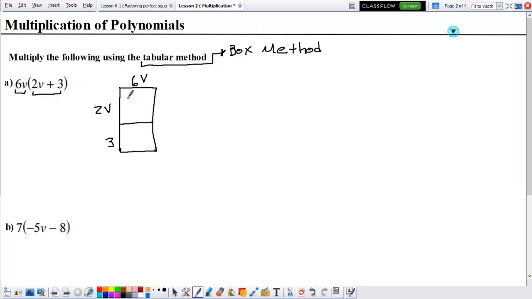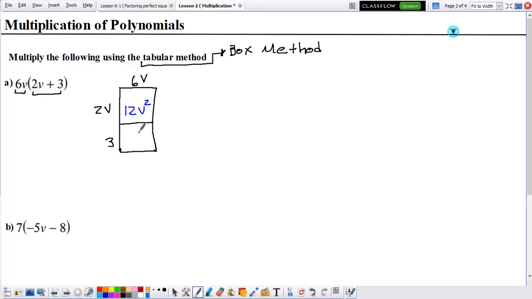Now what you need to do is figure out what goes inside the boxes. To do that, we multiply the expressions where they meet. Here, 6b meets with 2b, so we multiply 6b times 2b, and that gives us 12b squared.